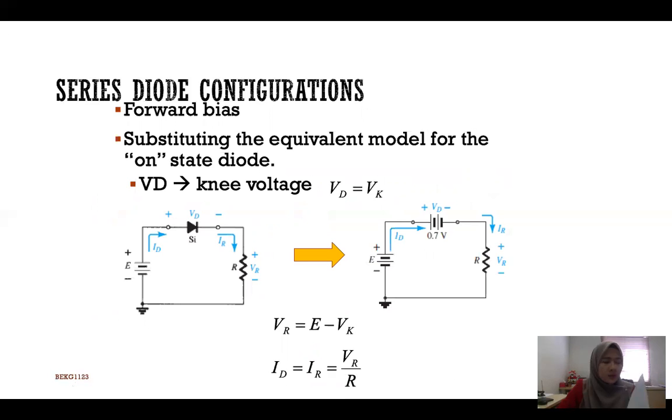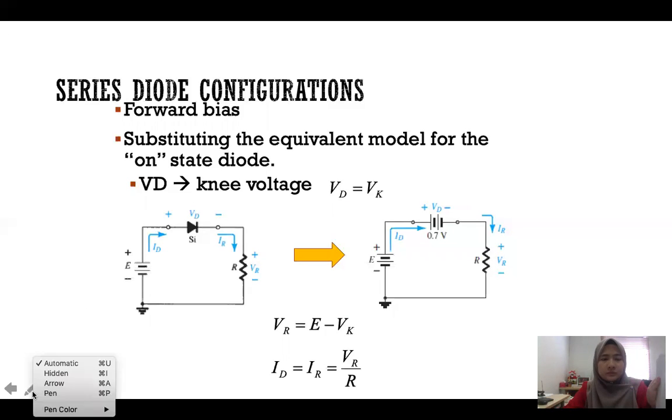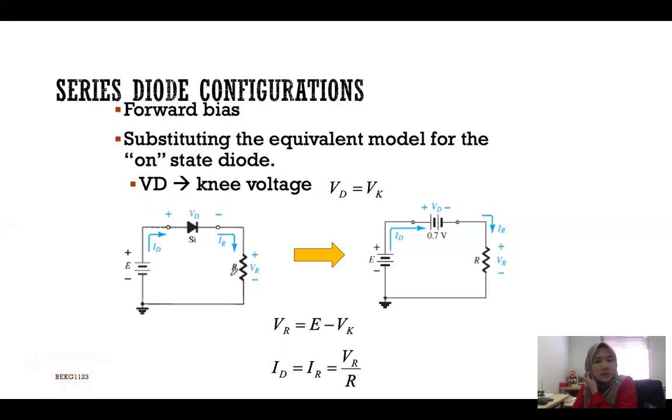Now let's look at what happens in a diode circuit during forward bias. Over here you have this diode circuit. This is a very standard basic diode circuit: voltage source, diode, load resistor. It is stated that by substituting the equivalent model for the on-state diode, the VD is equal to the knee voltage. First let's do the forward bias.